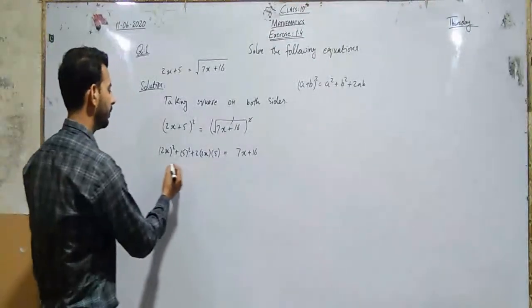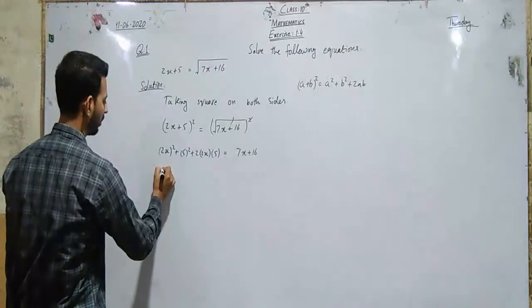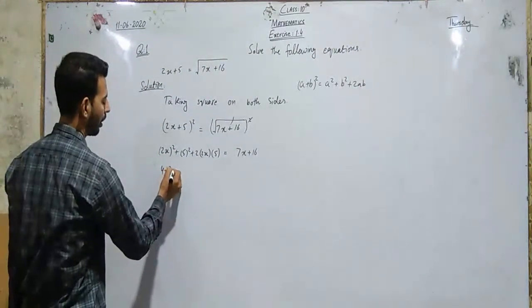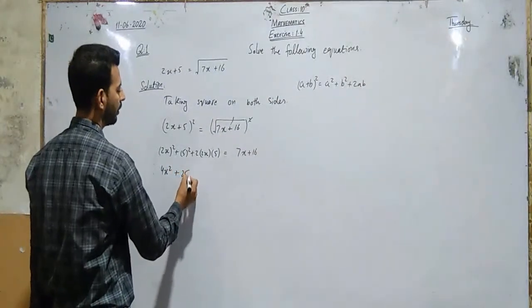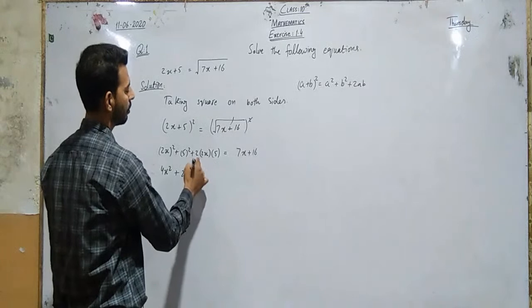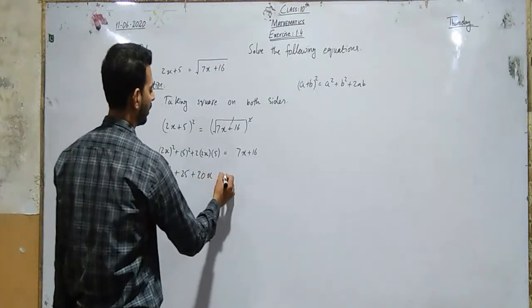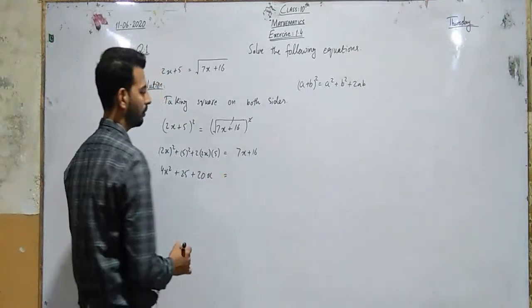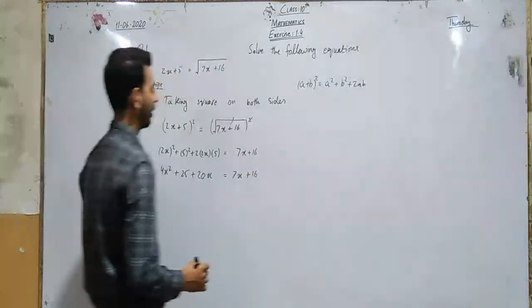While we take the square of 2x, that will be 4x squared plus 25 plus, 2 2s are 4, 4 5s are 20, 20x equals 7x plus 16.